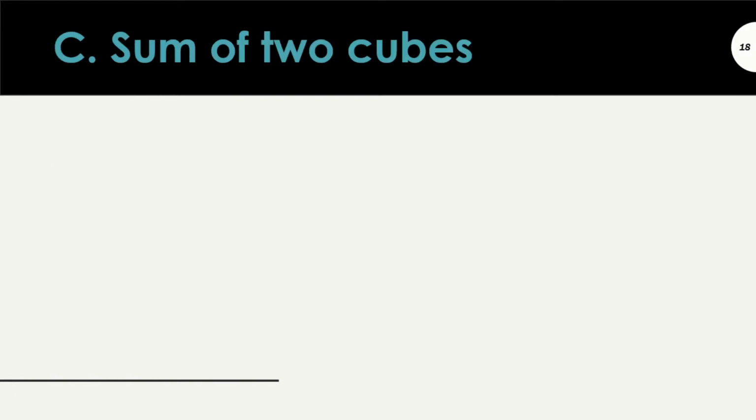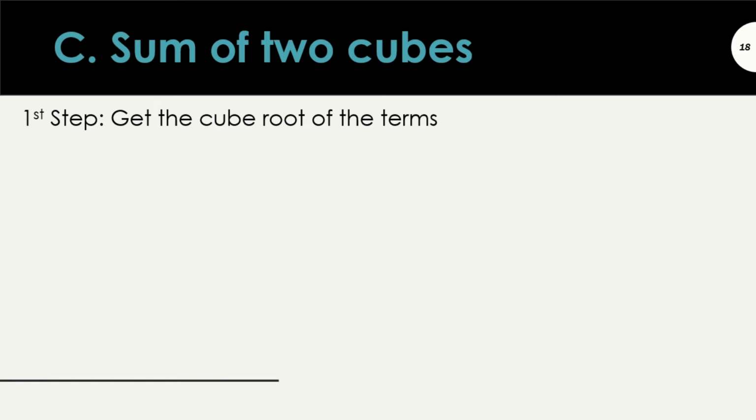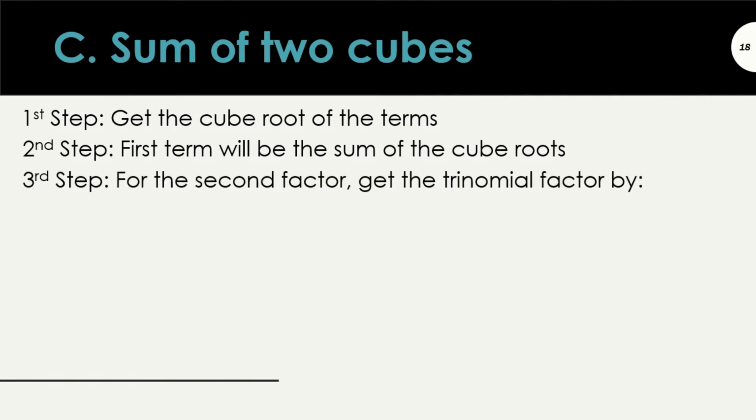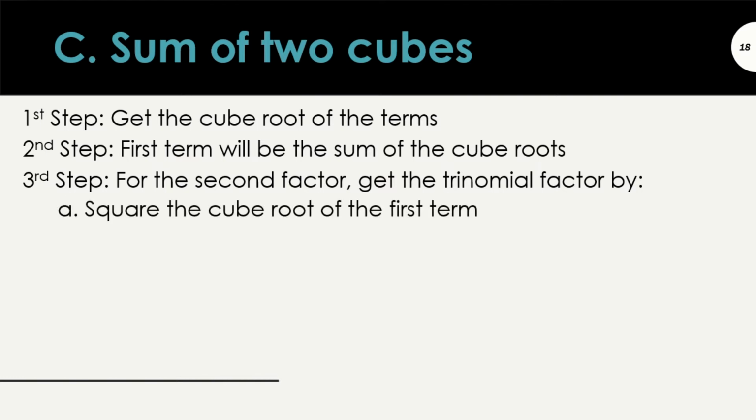Okay, next is for the sum of two cubes. Here are the steps. First step, get the cube root of the terms. Next is, second step, first factor will be the sum of the cube roots. Next is for the third step. For the second factor, get the trinomial by A. Square the cube root of the first term.